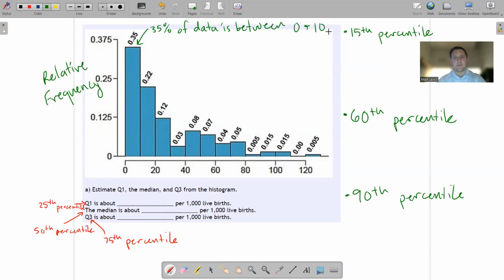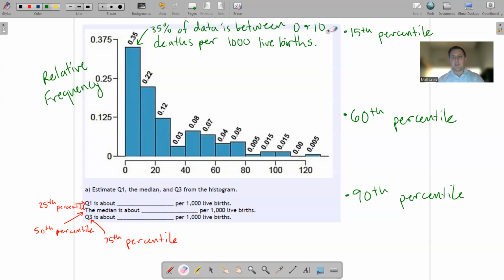0 and 10. And I cut it off, but I believe that this particular question is talking about mortality rate. So it's between 0 and 10 deaths per 1,000 live births was what it was actually measuring.